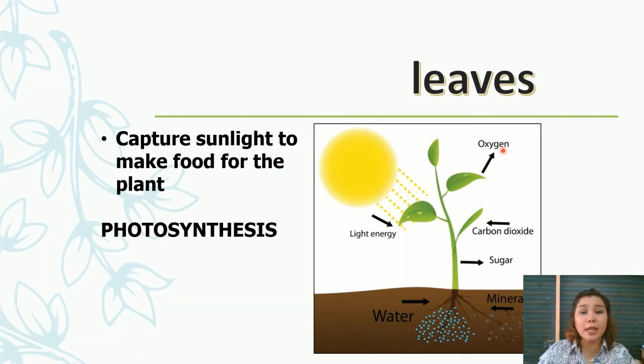So, kaya dapat magtutulungan ang plants and the human beings. And then, we also have the product which is sugar. So, that is what happens during photosynthesis, wherein the leaves make the food for the plant. Okay.